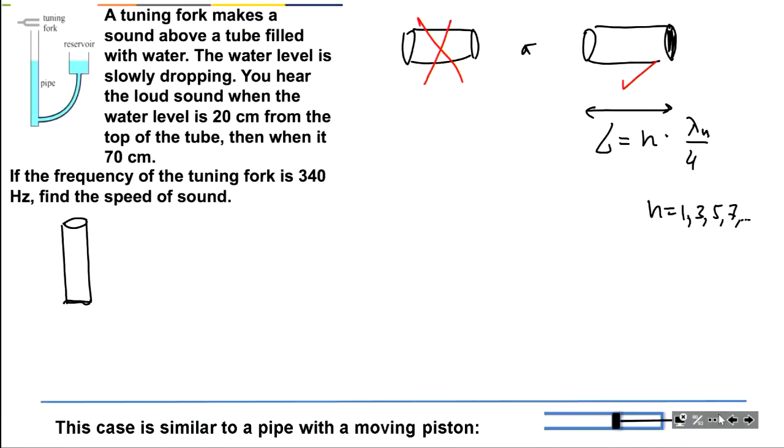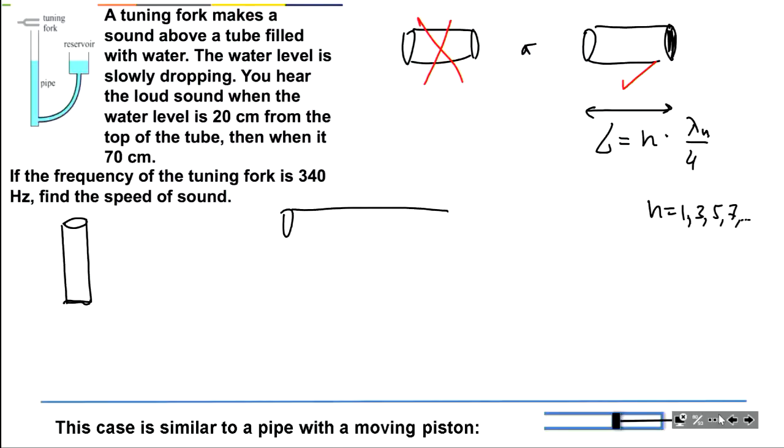Now, tuning fork generates a sound with a specific wavelength. Specific frequency, specific speed. Speed is given by the environment, and that's what I think we're looking for. And we are generating several waves.